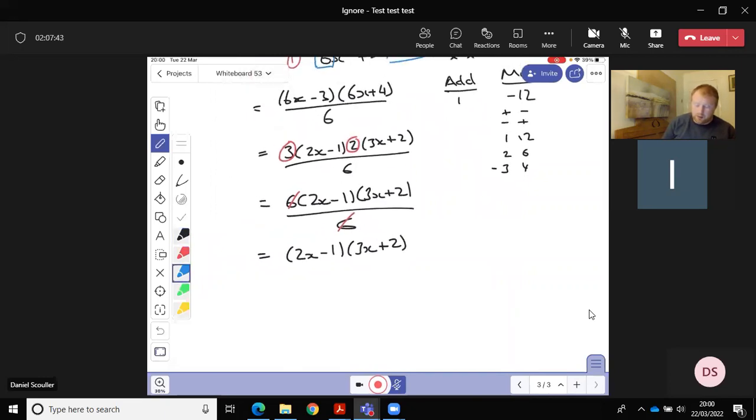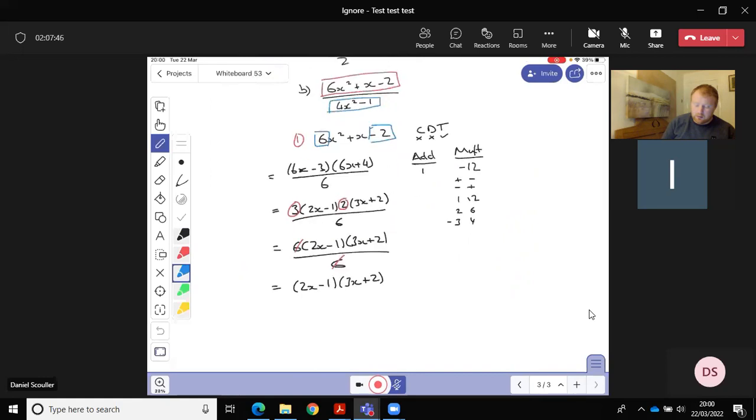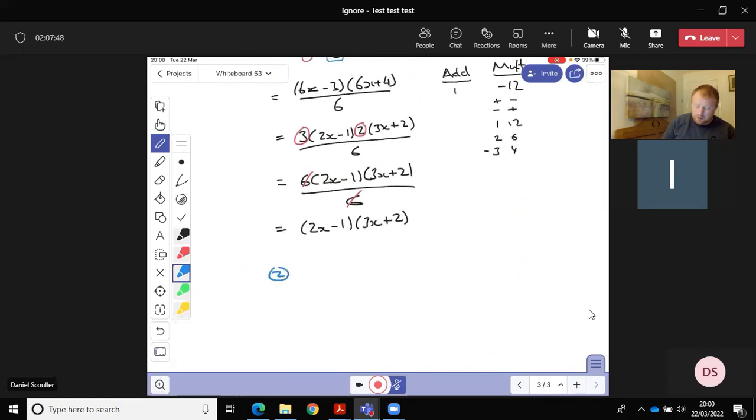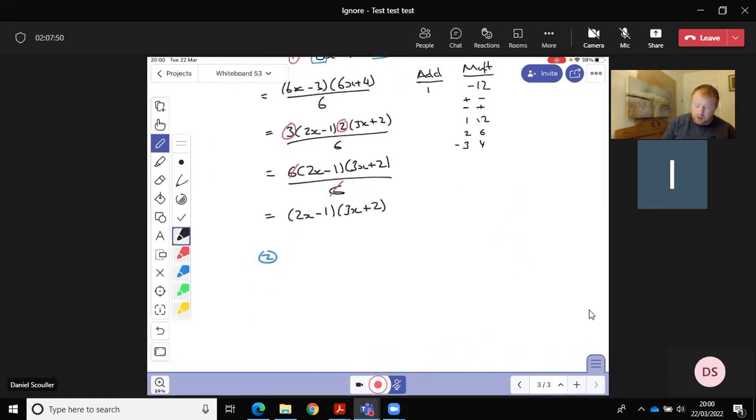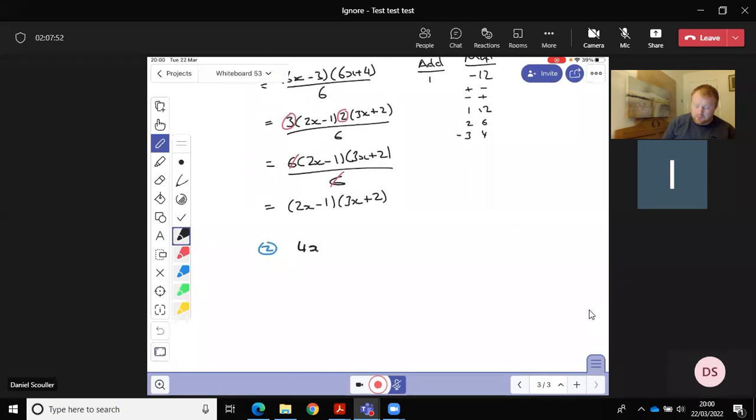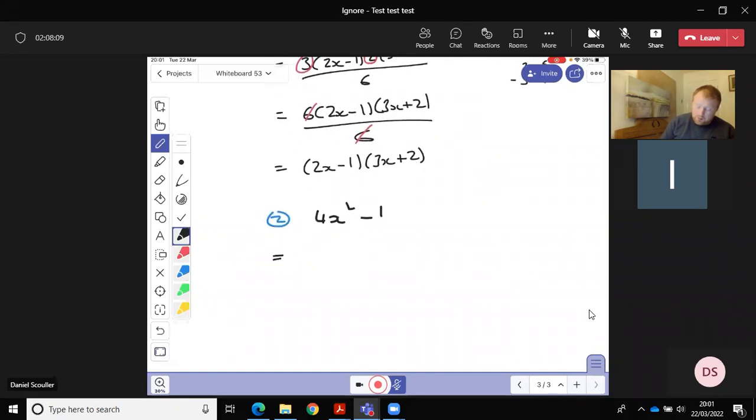We've still got that bottom one to deal with. The bottom one was 4x squared minus 1. What would be quite difficult to see here is that it's actually the difference of two squares as well.